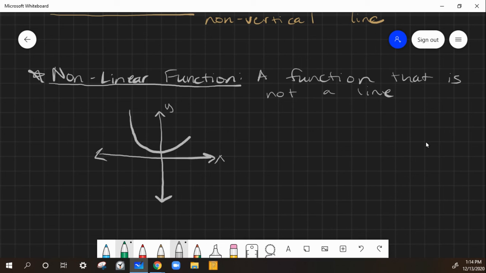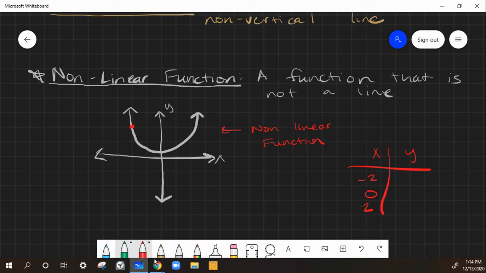So look at this. This is called a parabola. You don't need to really remember that right now. But this is a function. This is a non-linear function. It is still 1 to 1, and I'll show you why. If I were to make a t-table of this, let's use these points right here: -2, 0, and 2.